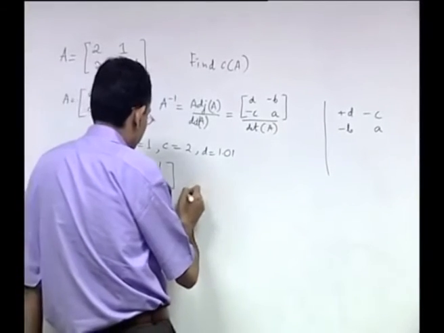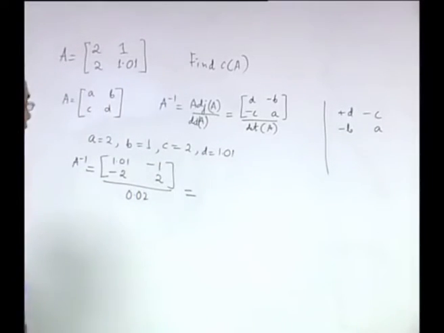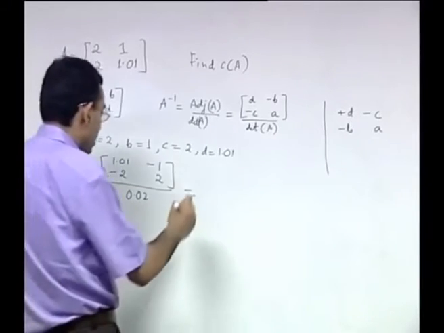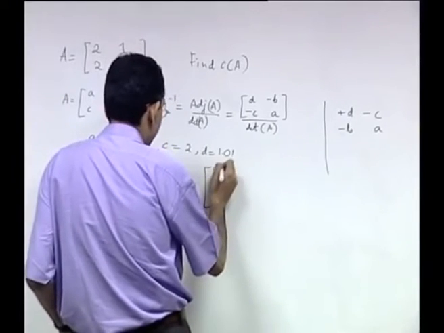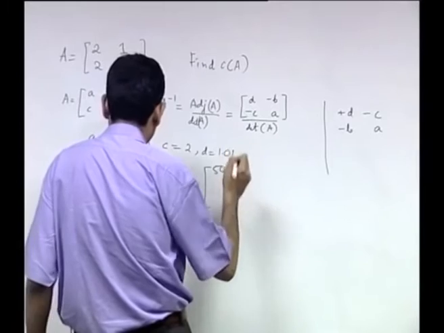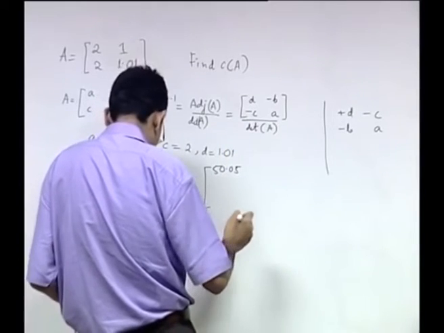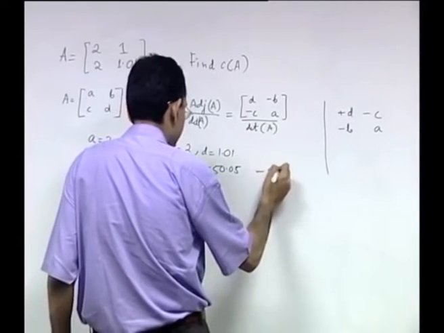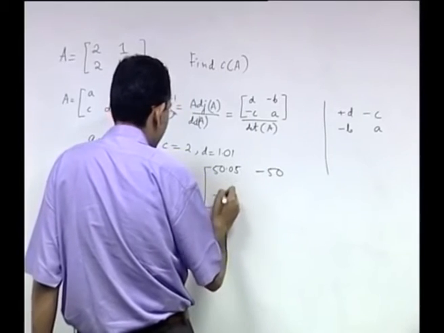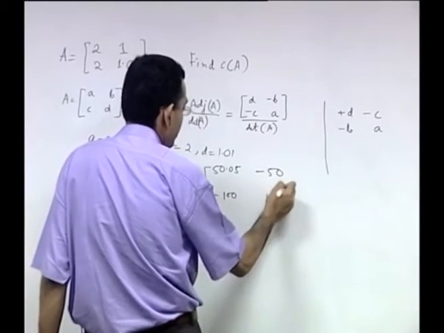If you calculate these terms, this will become 50.05, then minus 50, then minus 100 and 100.